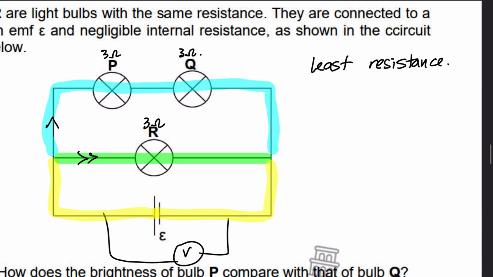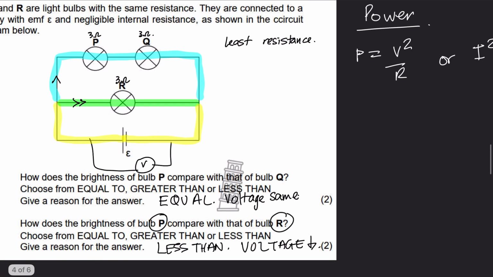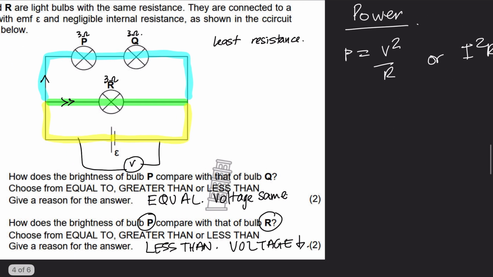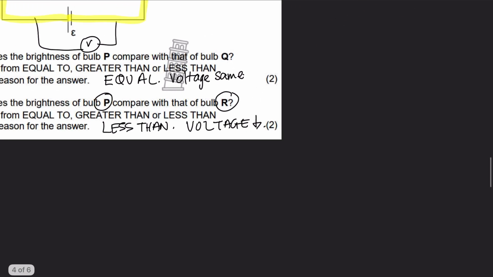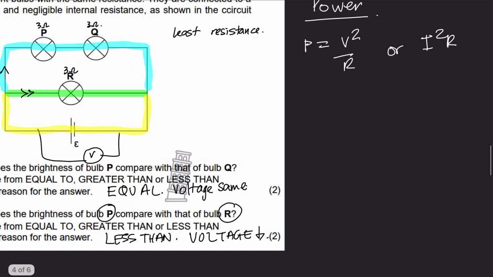So current will take the path of least resistance. More current will go through the green branch than it will the blue branch. So you could also explain it that way. You could say, how will the brightness of P compare to that of R? You could say that P will be less than, so this is again 8.1.2. It would be less than because less current passes through it.